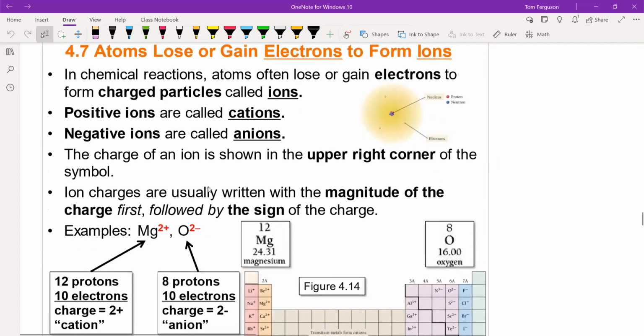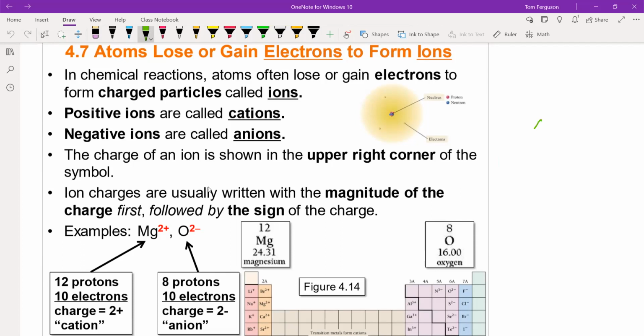So when we lose negative charges, for example, oxygen has got 8 protons, 8 electrons, 8 neutrons.